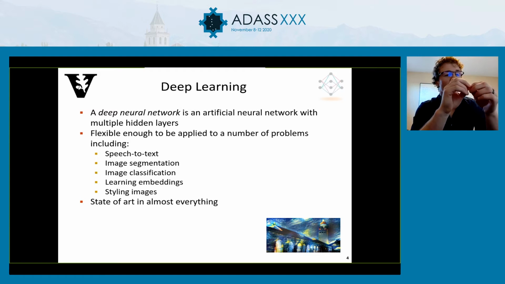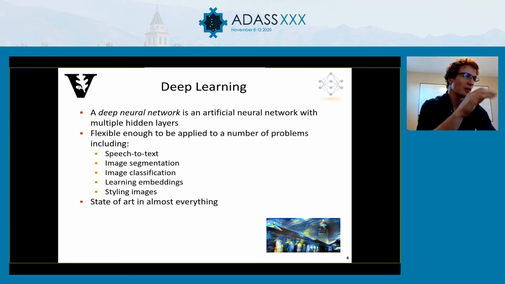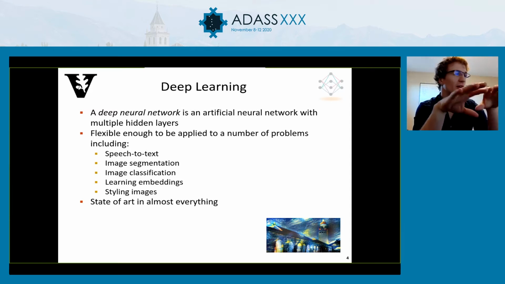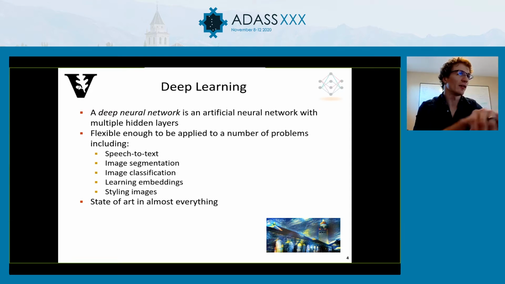deep learning is generally a pretty flexible technique, and it's been applied to a number of problems in a variety of different domains. So things like automatic speech recognition, image segmentation, image classification, and such. And I know there have also been applications of this in various scientific domains, including things like redshift estimation, which we do have a little bit of a demo for at the end, time permitting.